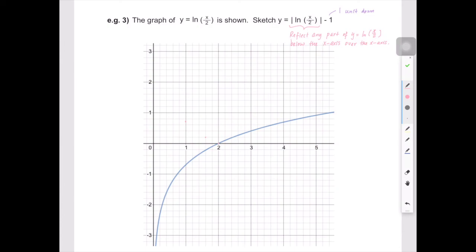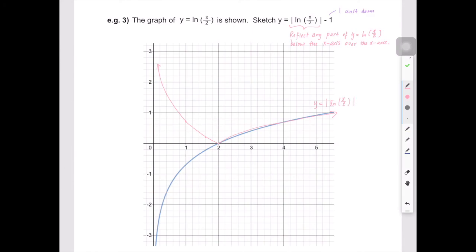So I'm going to reflect this point up. So 1 and then 1, 2, 3. This point here, I think. Okay, so that gives us a decent shape. And of course, any part that was above the x-axis stays the same. So let me label this as the function y equals the absolute value of ln of x over 2.